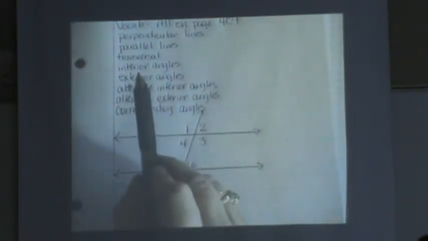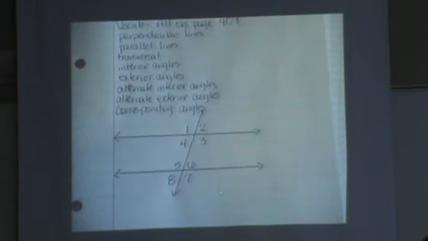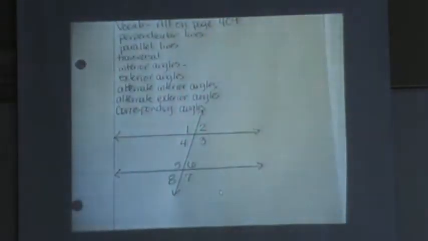So if I'm saying interior angles, what are we talking about here? The angles inside the three lines. Good. The angles inside the parallel lines. So interior angles, let's go ahead and define that as the angles inside the parallel lines. So the exterior will be the ones outside the lines?